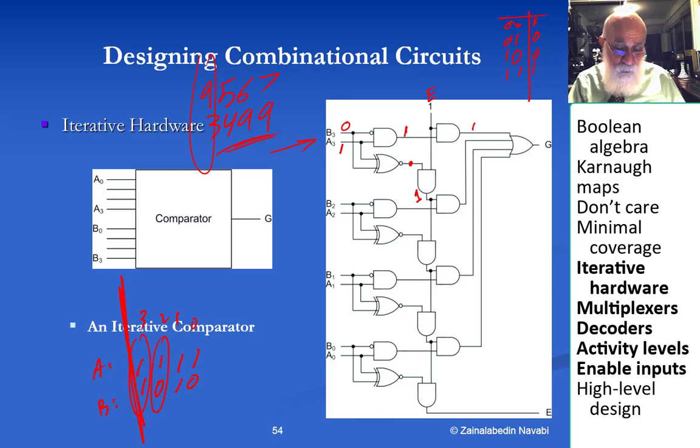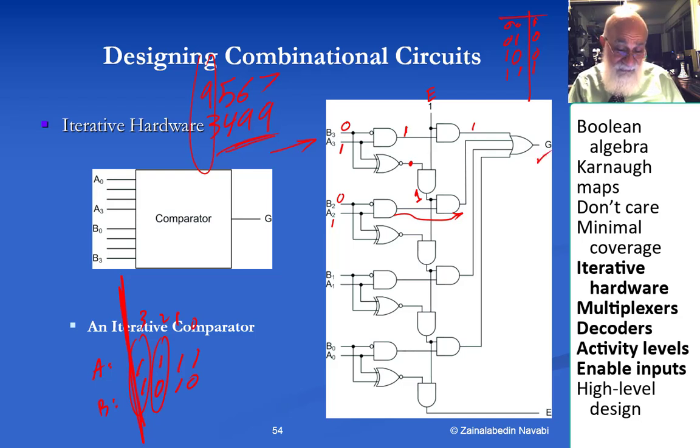If this is equal, then I give the decision to bit number 2. If bit number 2 decides that A2 is greater than B2, then bit number 2 is going to turn on my G output.